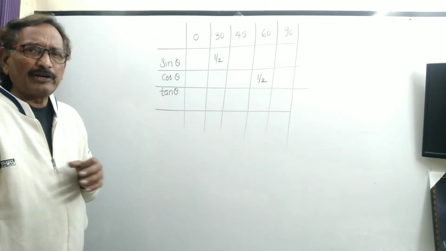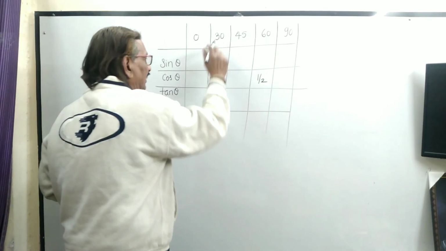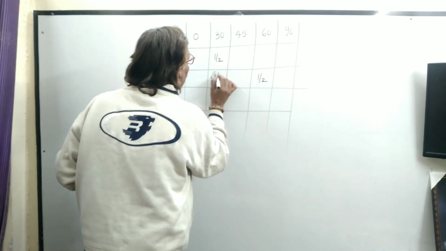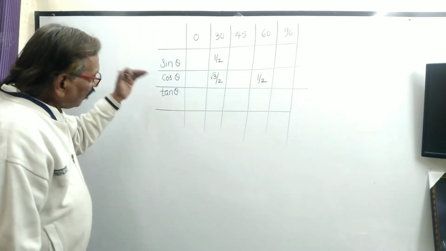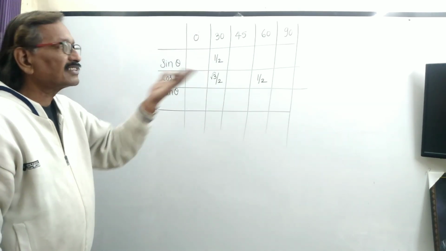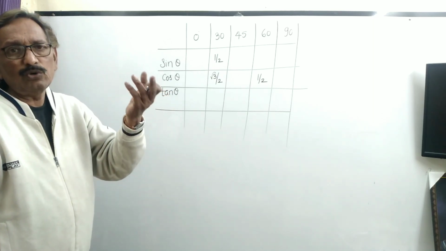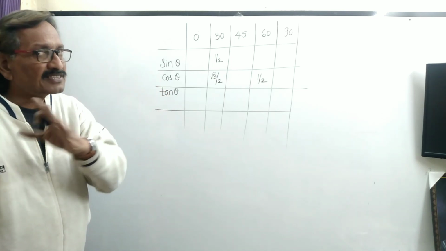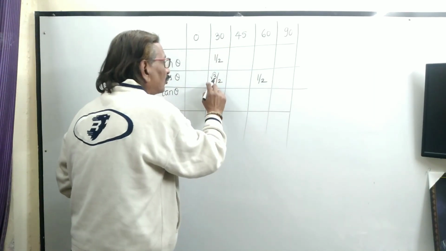Second value that I need to remember is root 3 by 2. Cos 30 is root 3 by 2. Cos 30 should be equal to sin 60, as cos theta is equal to sin 90 minus theta. Here cos 30 is root 3 by 2.